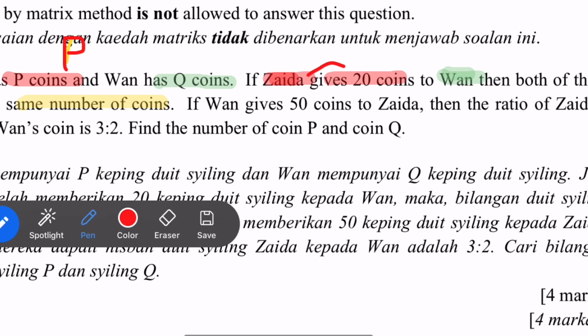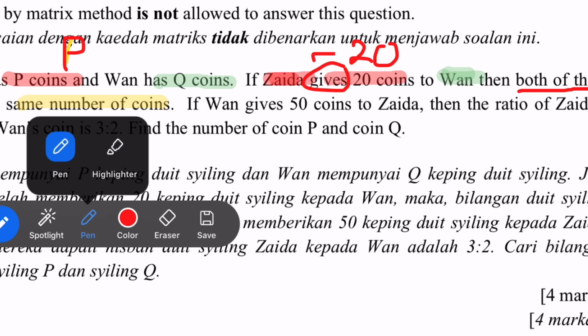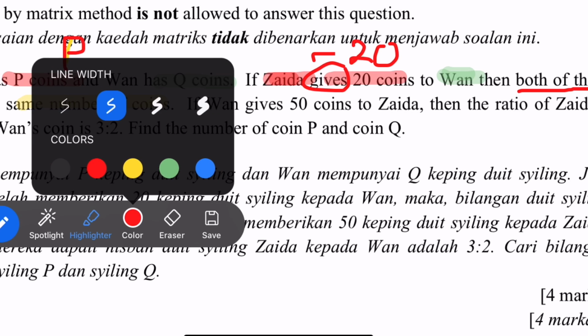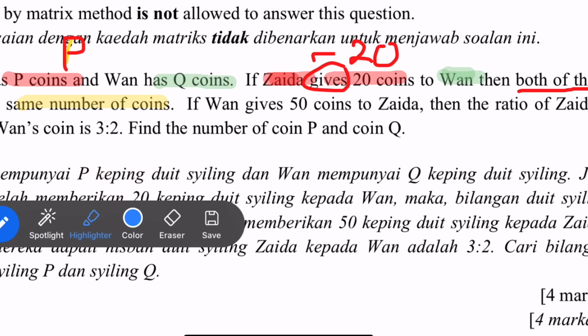So we start with P. Zaida gives 20, so P minus 20, right? Both of them have the same number of coins. For Zaida, the number of coins now is less 20, so it is P minus 20. How about for Wan? Wan has Q coins and he is going to receive 20 coins from Zaida, right?